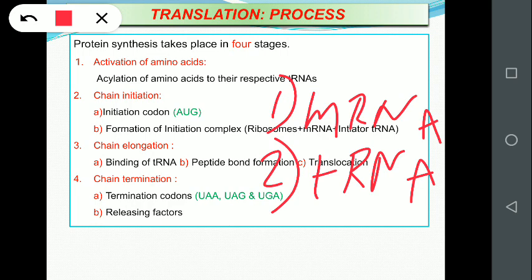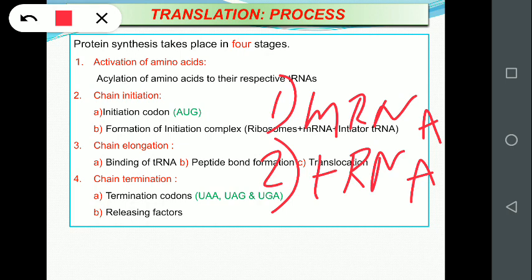So the tRNA is the key molecule during the translation process. The genetic code is the property of tRNA. If tRNA doesn't follow the genetic code, then everything goes wrong. So that is why the genetic code lies within the tRNA.